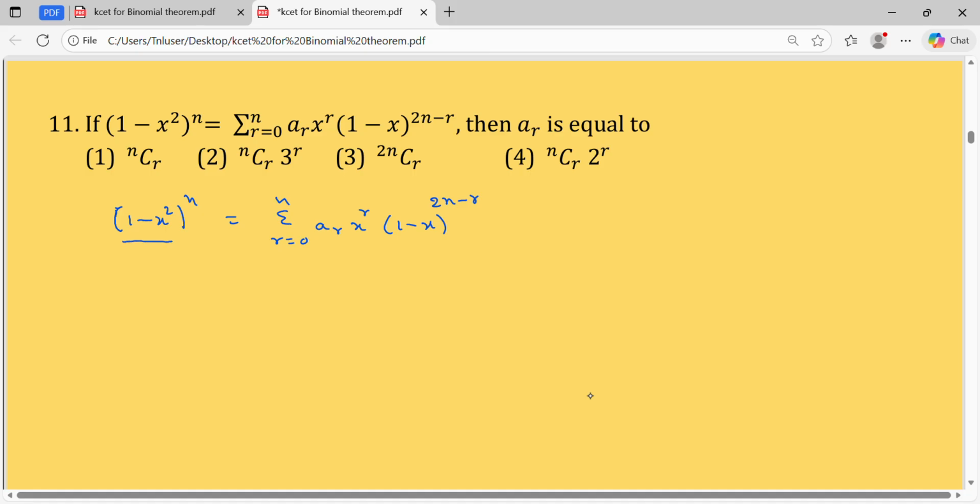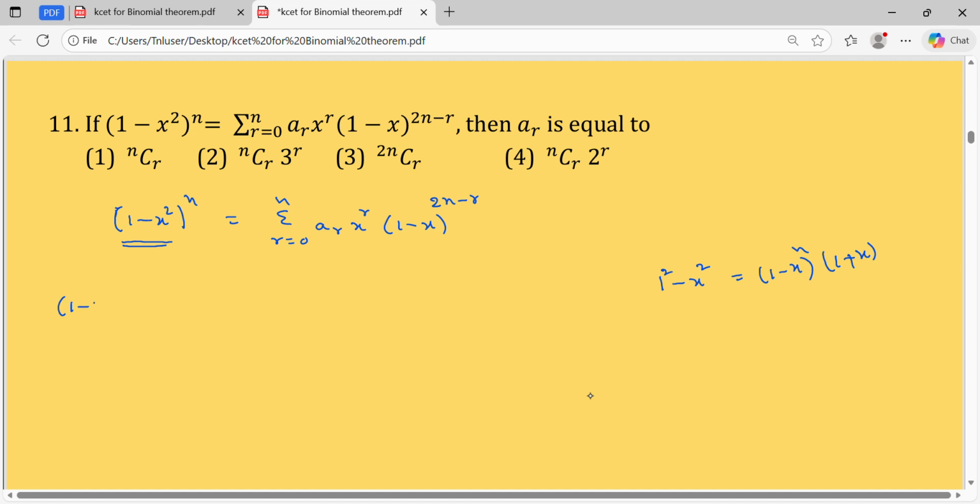Now see this LHS. 1 minus x square can be written as 1 square minus x square. Using the a square minus b square formula, that can be written as (1 minus x) into (1 plus x). Whole power n means you can write separately also, (1 minus x) whole power n into (1 plus x) whole power n.